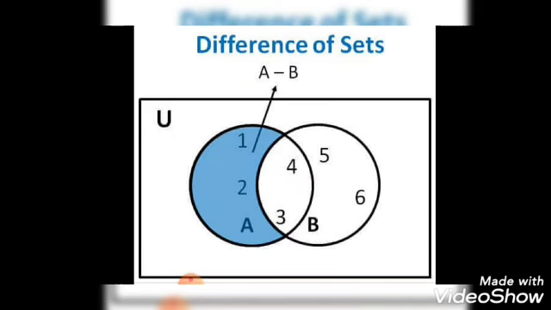What are the common elements? 3, 4. Which is the first set? A. A contains 1 and 2, so we draw 1 and 2 in the A set only. This is the difference of sets. If we take B as first, B minus A, only 5 and 6 are colored. This is the difference of sets.